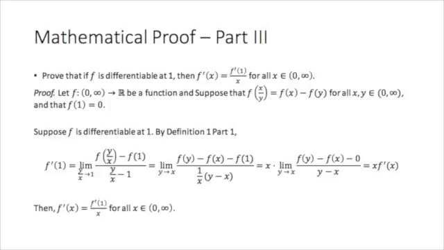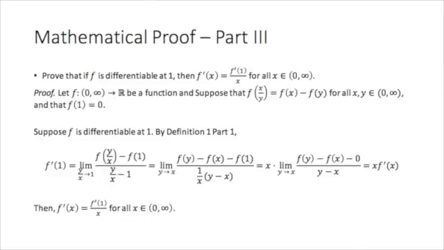So we suppose f is differentiable at 1, because that's what is given. And by definition 1, part 1, f prime of 1 should be equal to the limit of f of y over x minus f of 1 over y over x minus 1 as y over x approaches 1. We can then substitute the value of f of y over x as f of y minus f of x, as you can see in the middle term.